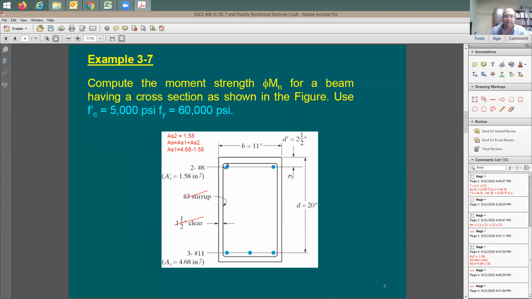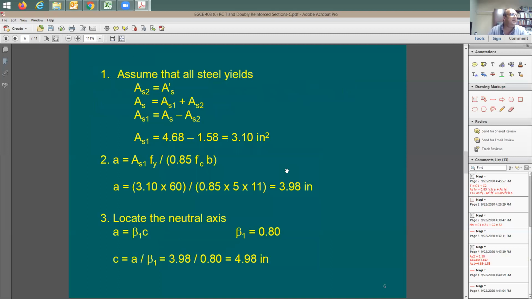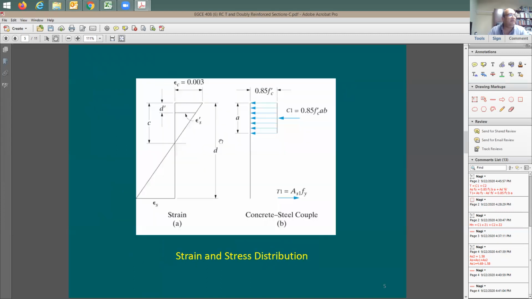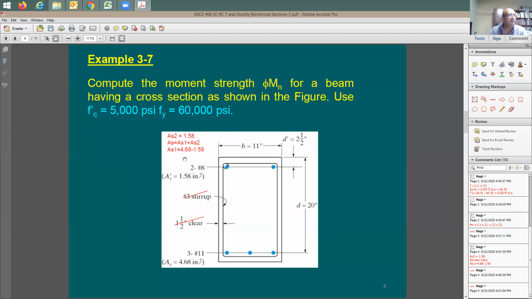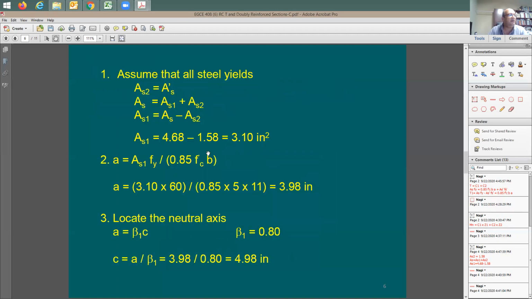Yes or no? We're good about this. All right, great. This is exactly what I have here. 4.68 minus 1.58 is going to be 3.10 square inches. Now, this is going to be your AS1.